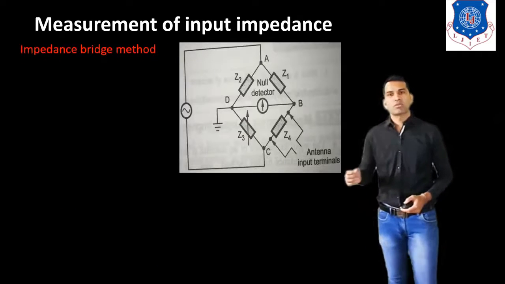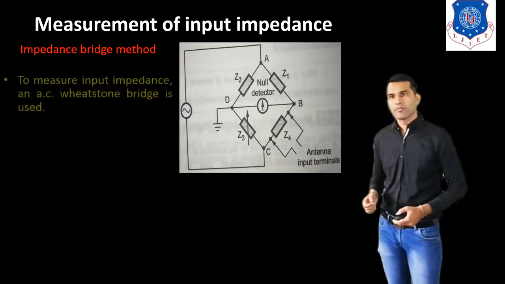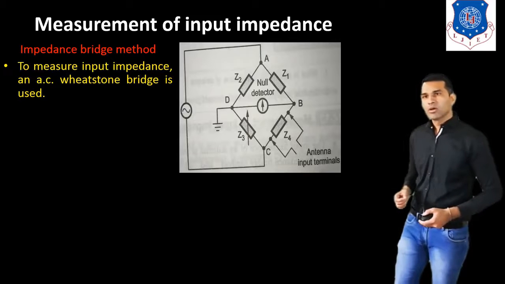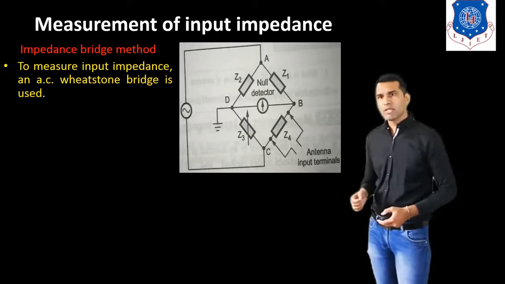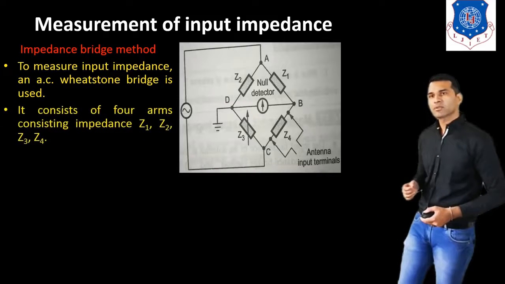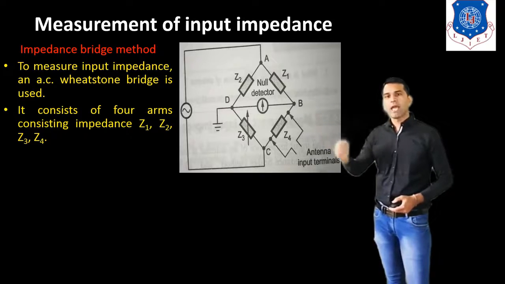Now we discuss the first method of the impedance measurement, the impedance bridge method. To measure the input impedance, an AC Wheatstone bridge is used. It consists of 4 arms consisting of impedances Z1, Z2, Z3 and Z4.